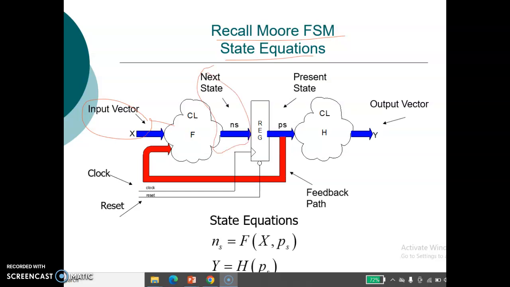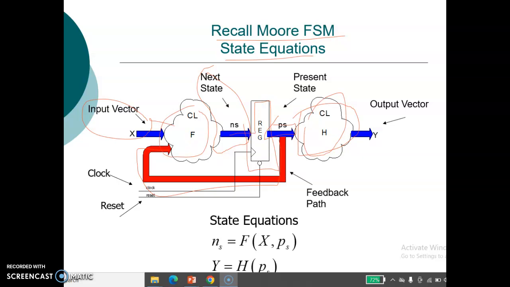This next state is connected to the register. After the register, it will be the present state. This present state is connected to combinational logic F, and simultaneously to another combinational logic. This combinational logic is named H, and this combinational logic is F.